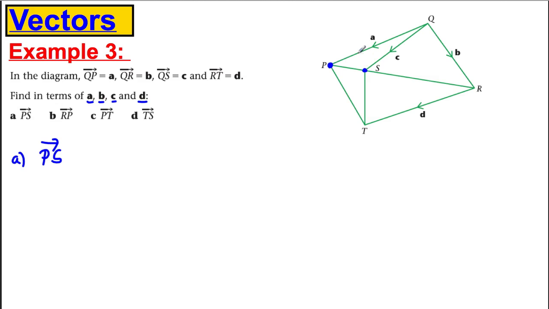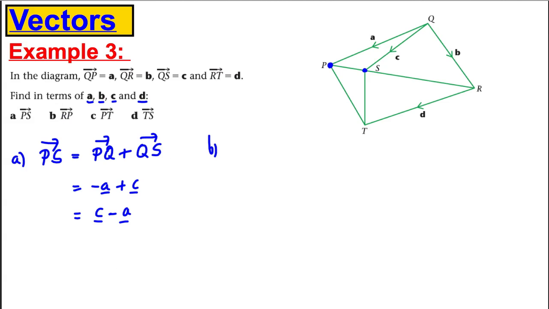Well, what you do is you go P to Q plus Q to S. That's the easiest way in the picture. Now P to Q is negative A and Q to S is positive C. And we usually write that the other way around, C subtract A. Okay, and that's that done.